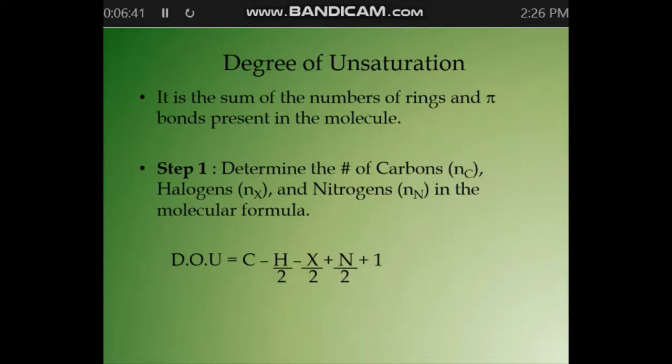Degree of unsaturation helps to identify the number of rings or number of pi bonds, or sometimes a combination of number of rings and pi bonds. The formula for degree of unsaturation is given by number of carbons minus number of hydrogens over 2 minus number of halogens over 2 plus number of nitrogens over 2 plus 1.